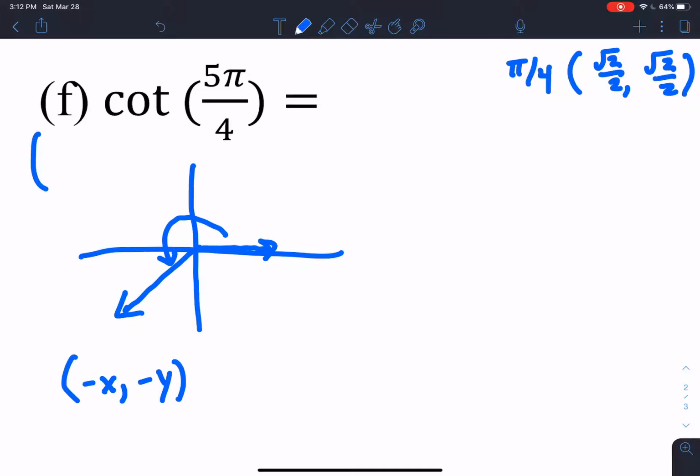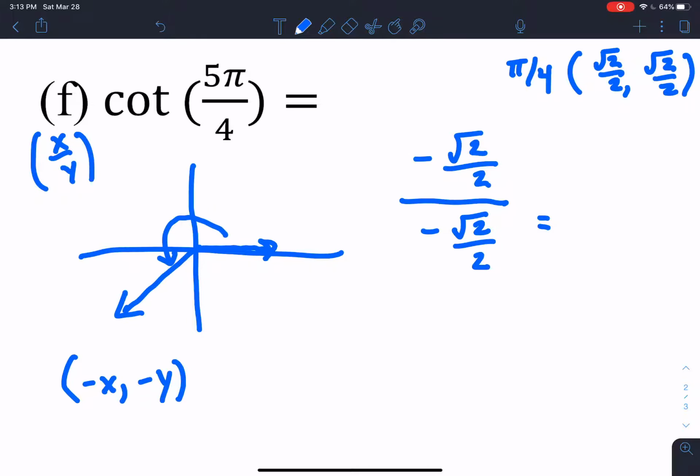Now cotangent, the ratio for that is x over y. So I'm going to take the x term here and make it negative, divided by the y term, which is also negative. Since they're the same thing there, your answer is just 1.